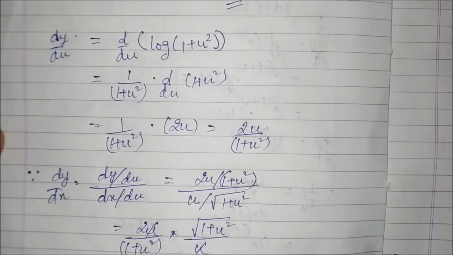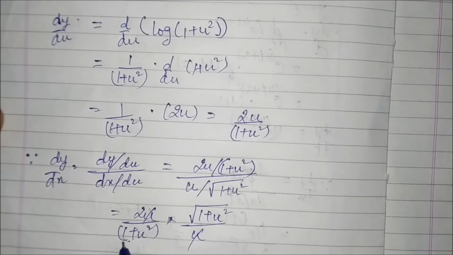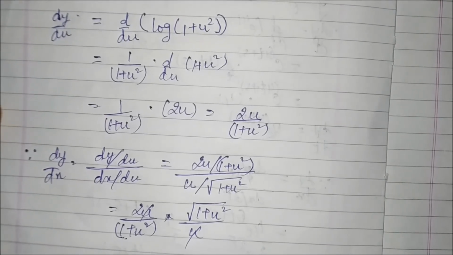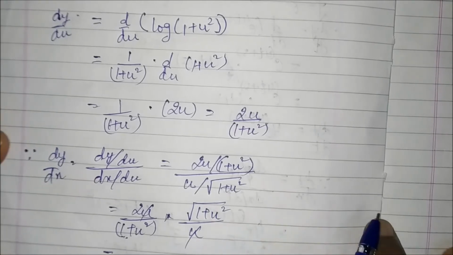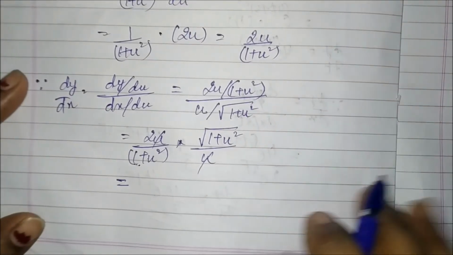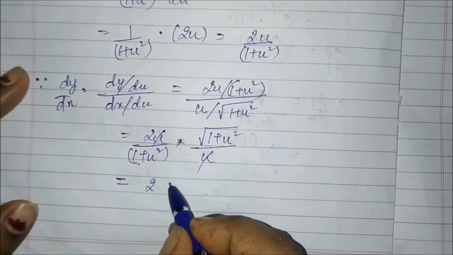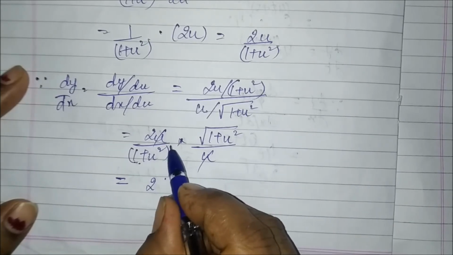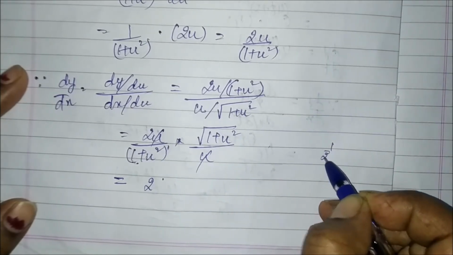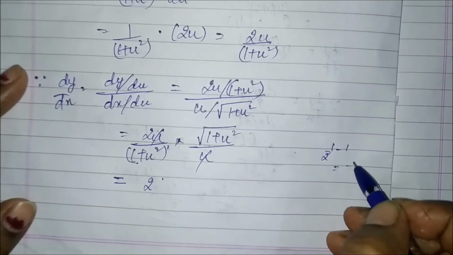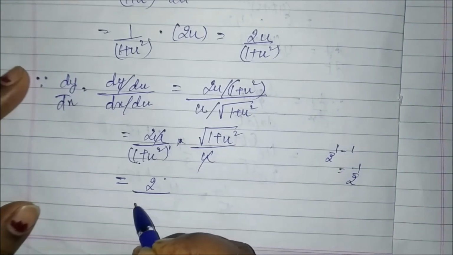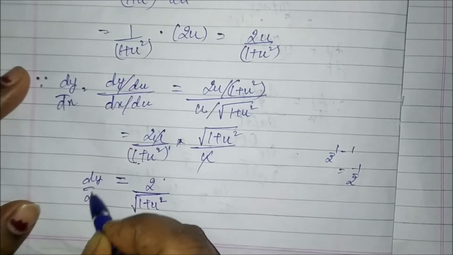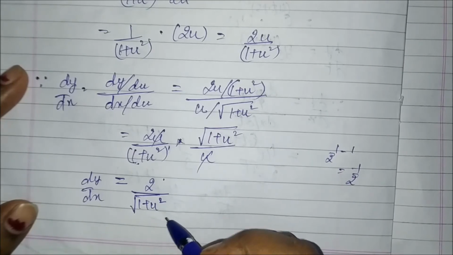Okay, and here it can be written as root of 1 plus u square to the power 1 by 2. This is power 1 and this is 1 by 2. So 1 by 2 minus 1 will be minus 1 by 2. So it will become 2 upon under root of 1 plus u square. Okay, dy by dx is equal to 2 upon under root of 1 plus u square.